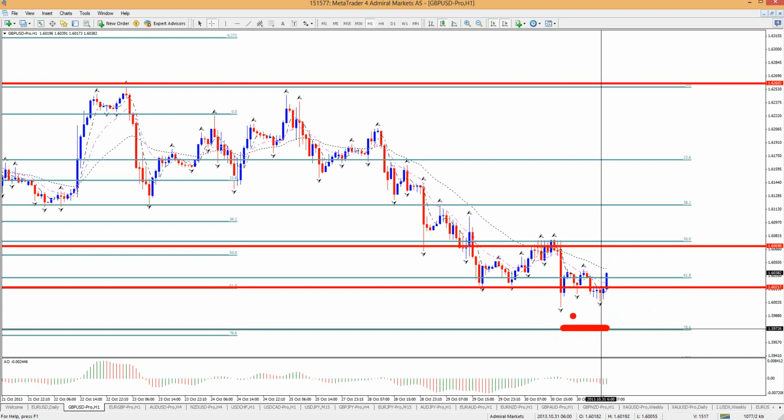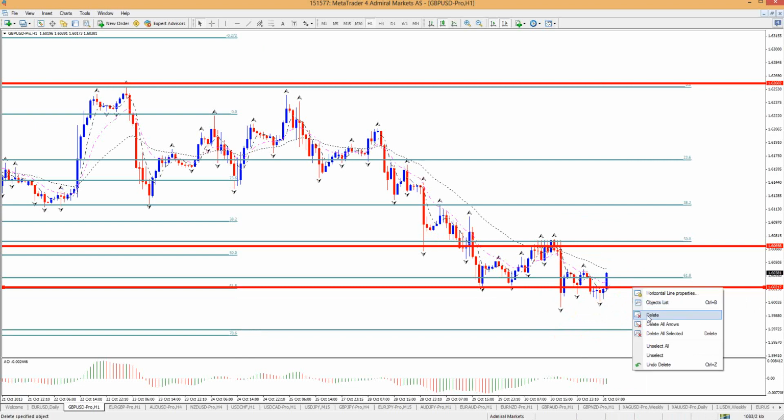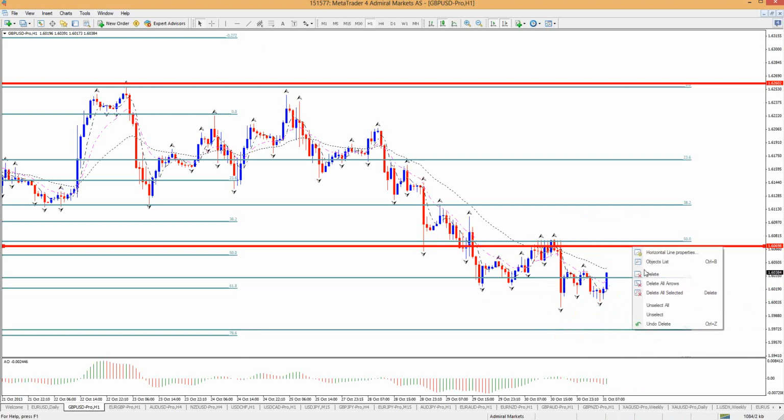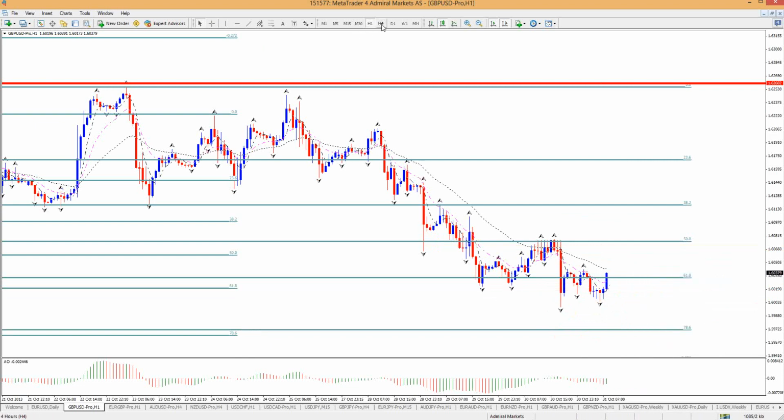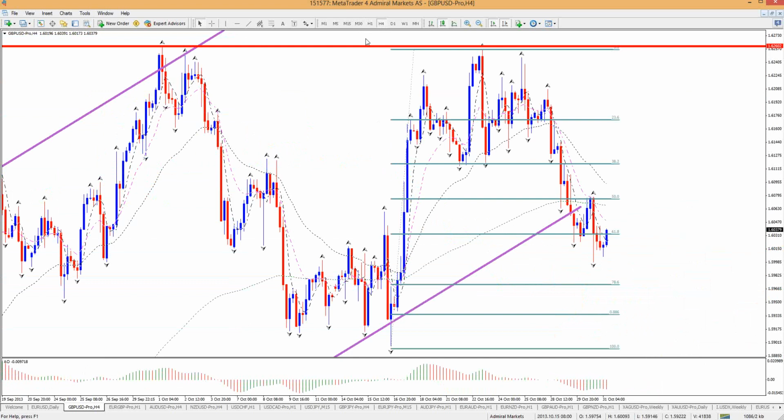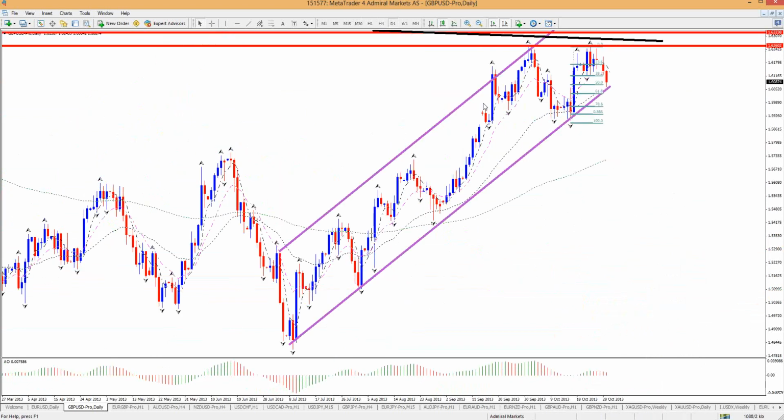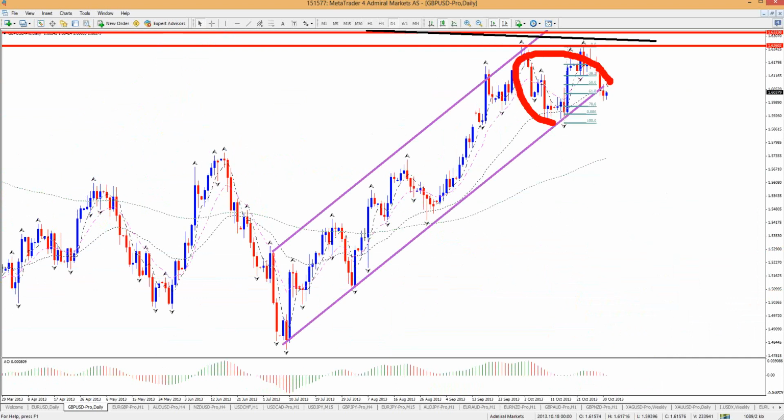Strange for me, but maybe we can still see that downside. Let's take a look. The pound dollar is in general just getting into a very big zone here, right in front of this resistance.